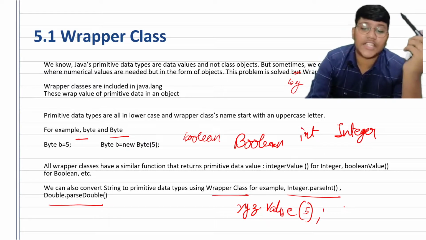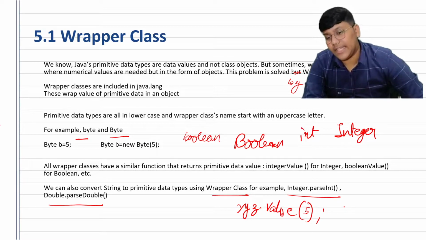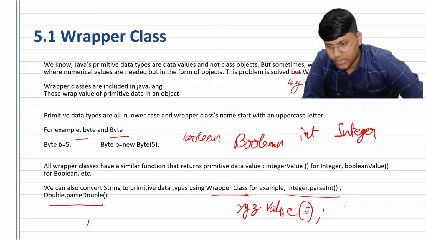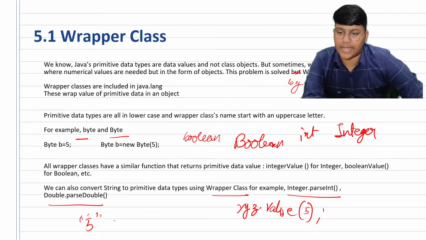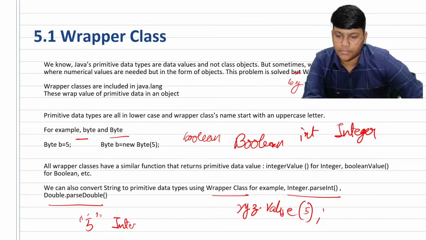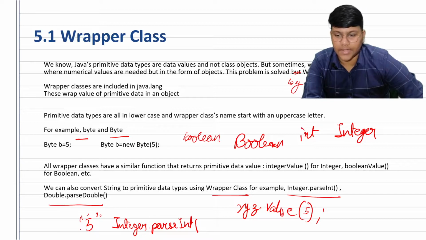We can also convert string to primitive data type. For example, if there is a string that is 5, we want to convert it to int, so we can write Integer dot parseInt, and then the string, for example str.